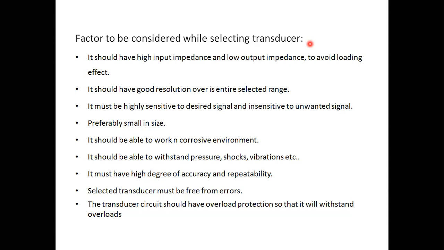The second one is accuracy, the degree of accuracy. Which instrument gives me output with a high degree of accuracy is the major concern we have to look after while selecting a transducer for a particular measurement. The third one is that the instrument must have high repeatability and high reproducibility.